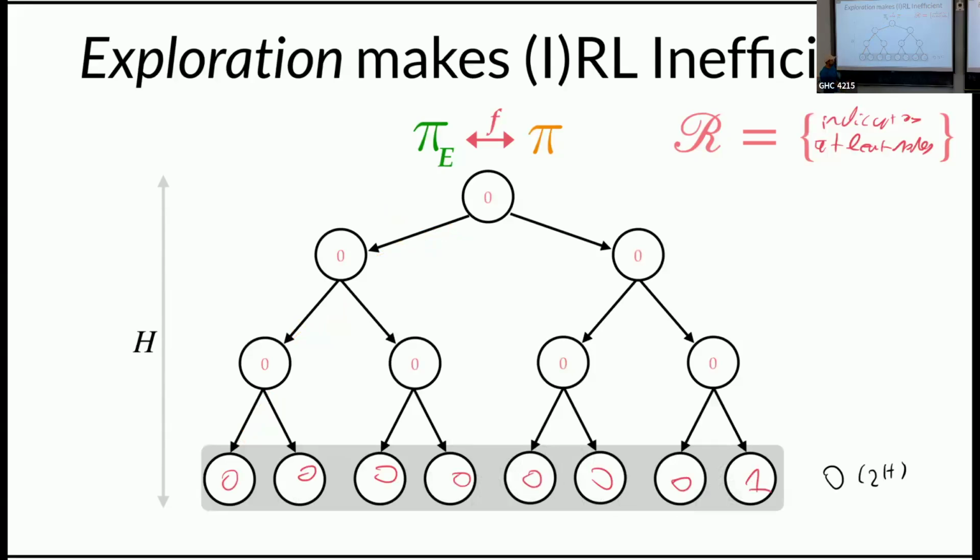Now you can imagine that the optimal policy is going to go right at every time step. This is what pi star at this round is going to look like. So again, at the next iteration of this procedure, we have to solve another global exploration problem. So at every single iteration of this procedure, I'm expending an amount of compute that is exponential in my task horizon.